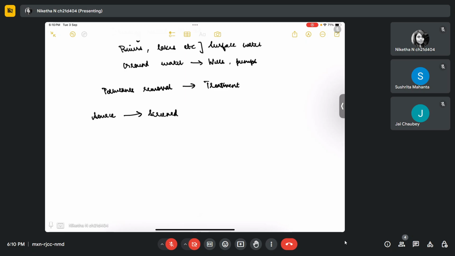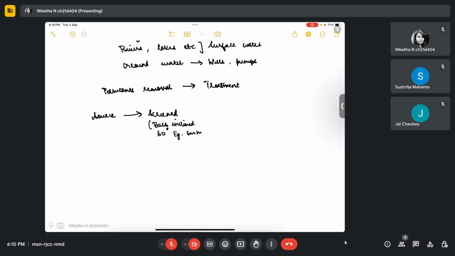They will have some bars, and they will be inclined, usually at around 60 degrees or so, and they will have some space in between. So, for example, say you have a 6 mm screen.